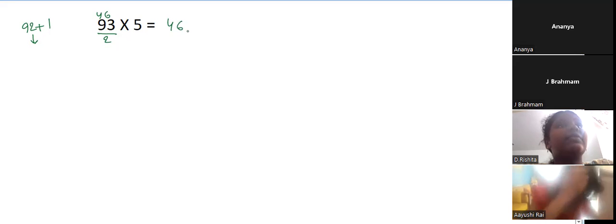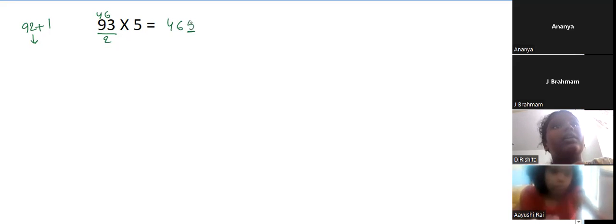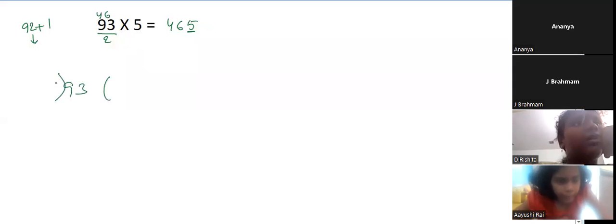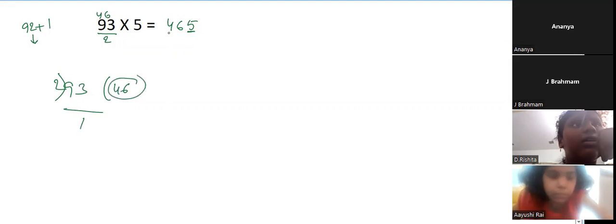If 1 is the remainder, last digit will be? 5. Okay, 93 when divided by 2 is 46 times with a remainder 1. So 46 you take directly, and the remainder 1 results in last digit 5.